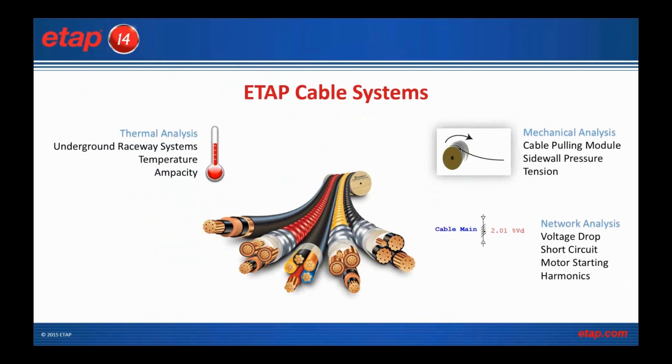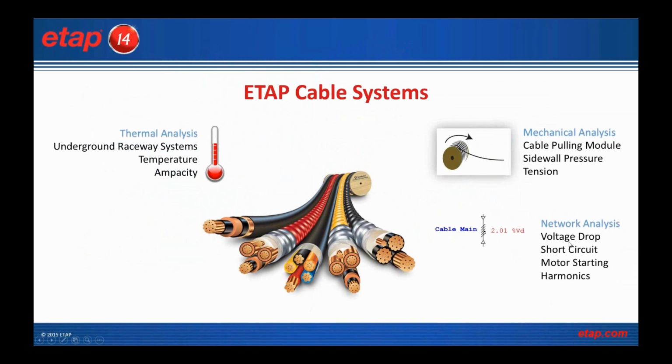as needed. So first of all, when we talk about ETAP, especially the cable systems, we are typically analyzing cables based on either their mechanical strains or stresses. So we essentially utilize a cable pulling module where we calculate the sidewall pressure and tension on the conductor.